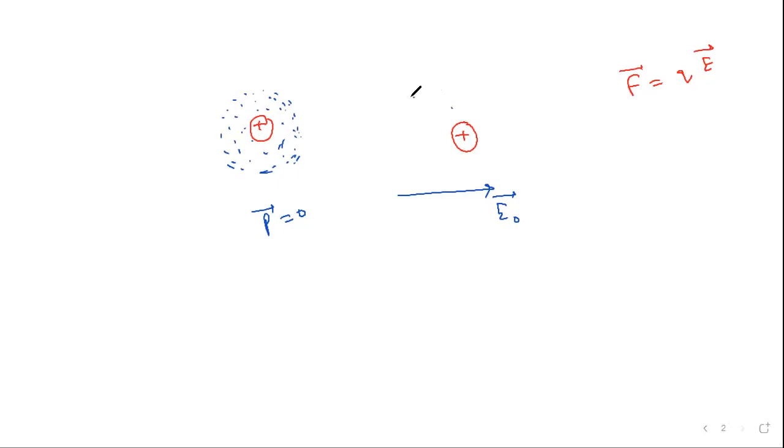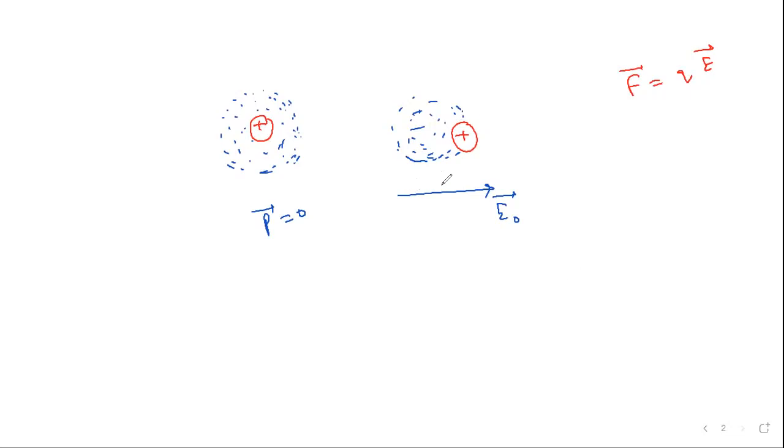Negative charge experiences force opposite to the direction of the electric field. So the atom gets polarized.